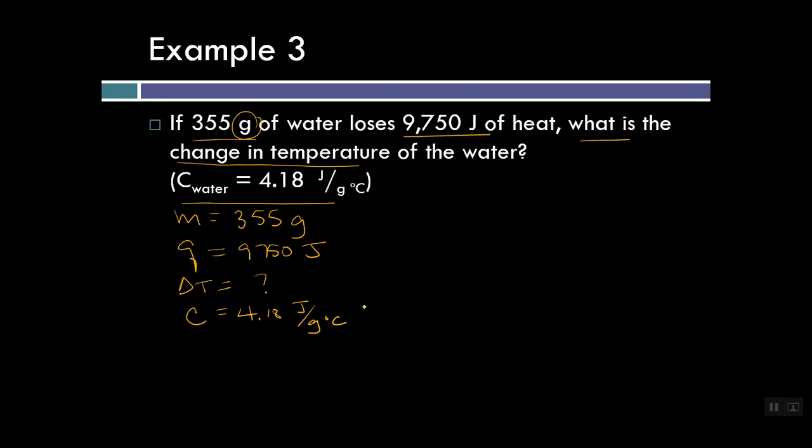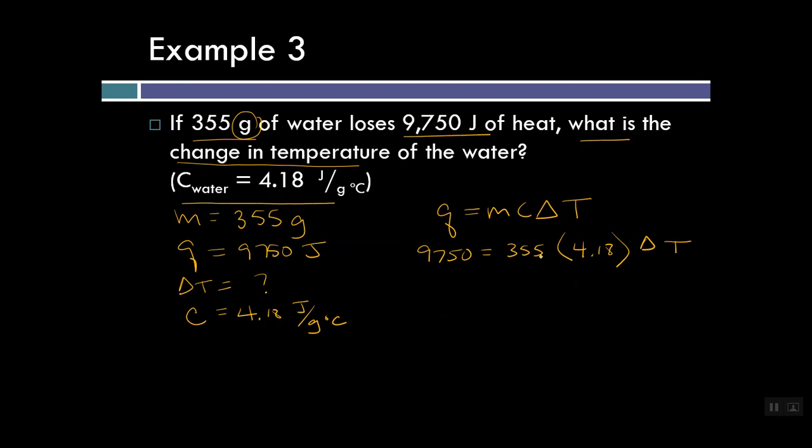All right. So now I write down my equation. Q equals m c delta T. And now I substitute. Let's see, 4.18. I'm taking off the units because I'm just doing the math.